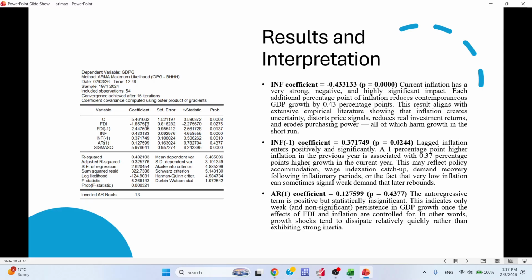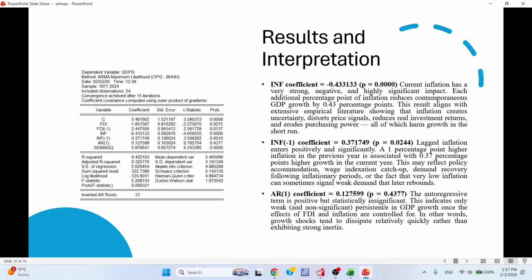And then comes the AR1. Its value is positive and it is statistically insignificant as its probability value is greater than 0.05. So the AR1 coefficient is 0.12, probability value is 0.43. The autoregressive term is positive but statistically insignificant.